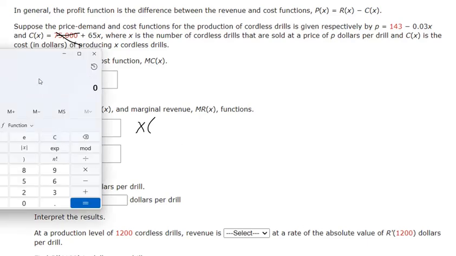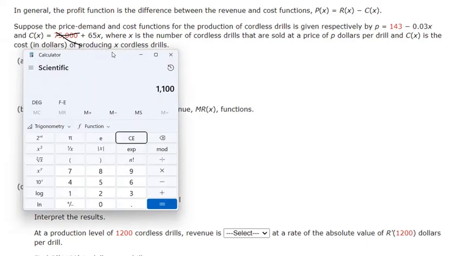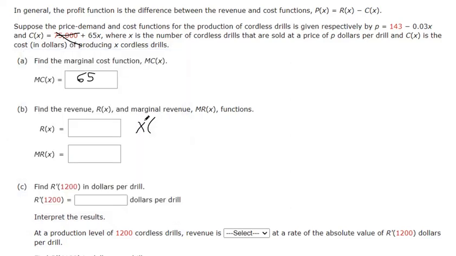Because if you sold 100 items and they were $15 each, then your revenue would be 100 times 15. In that analogy, x is like the 100, and this is like the 15. This is the price, because they tell us the price is 143 minus 0.03x.